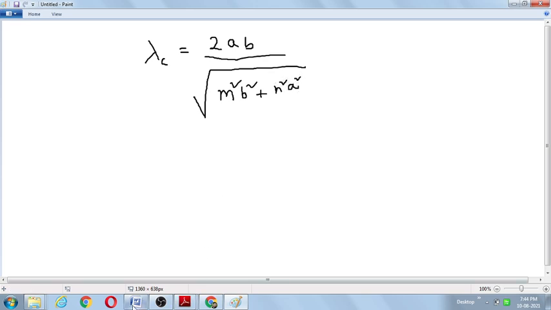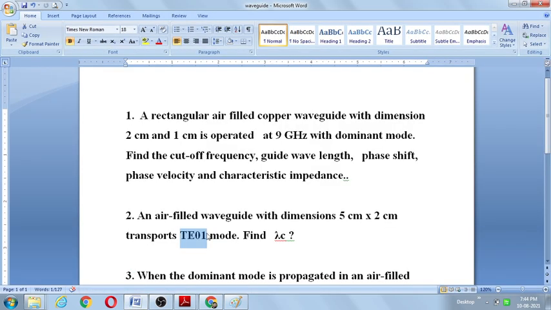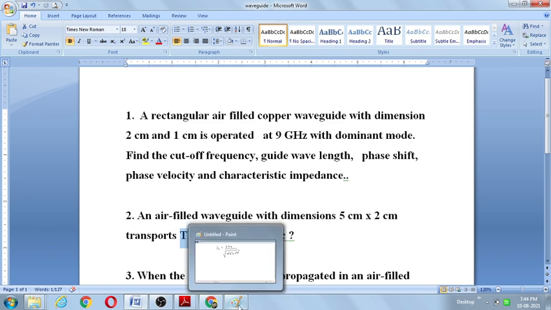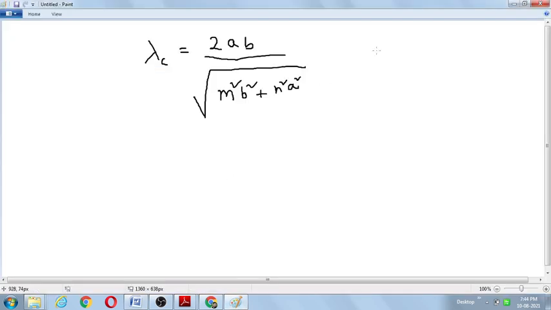So in this problem, the waveguide is operated in TE01 mode. That means put m is equal to 0 and n is equal to 1.